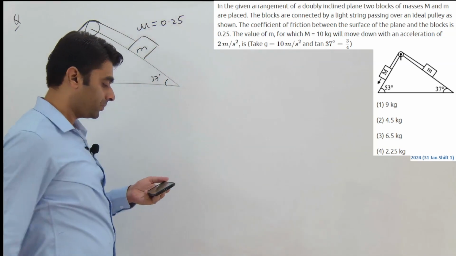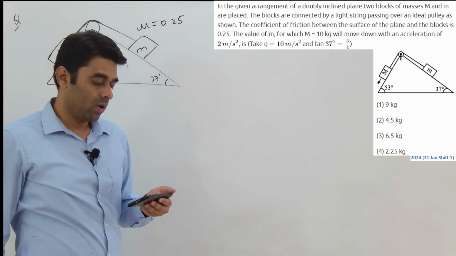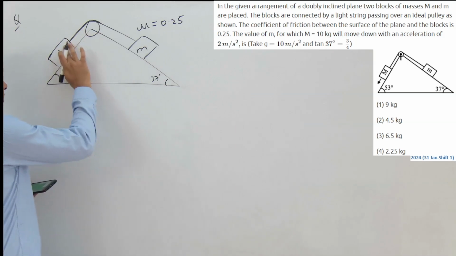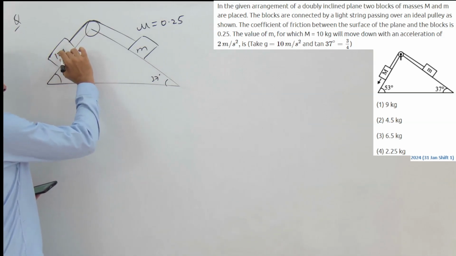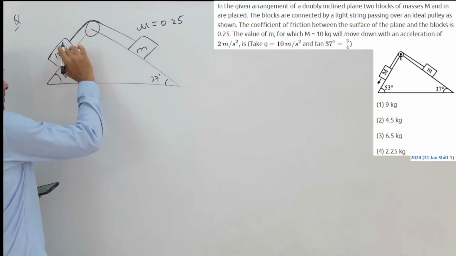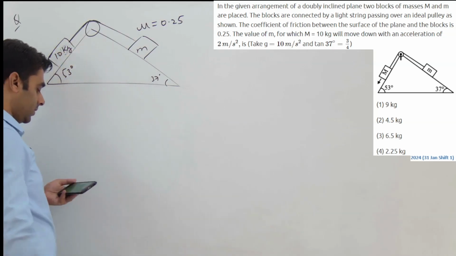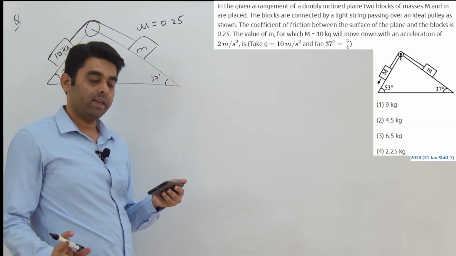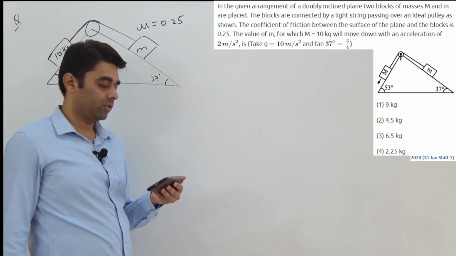Well and good. The value of small m, for which capital M equals 10 kg, that means this capital M value is given to us as 10 kg. The value of small m for which capital M equals 10 kg will move down with an acceleration of 2 meter per second square.